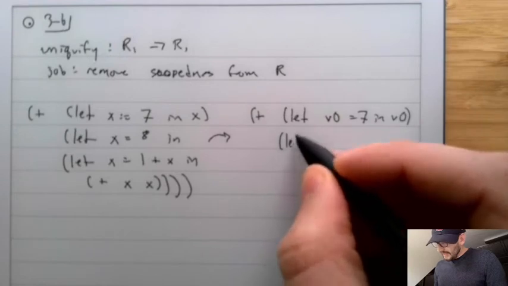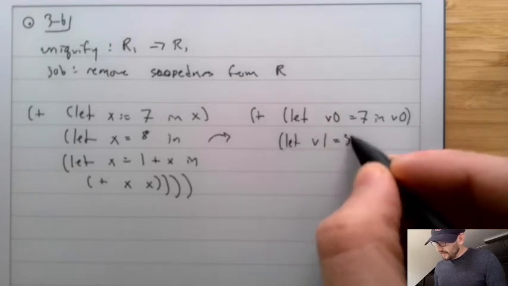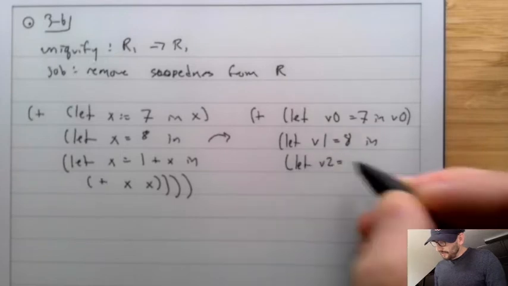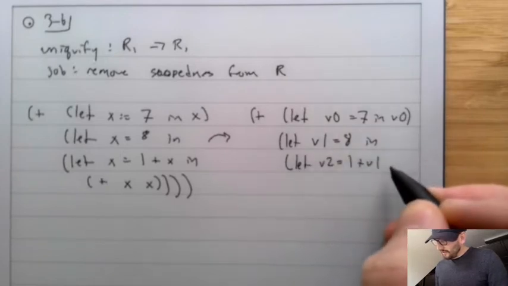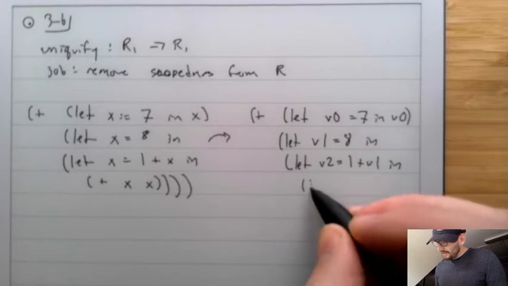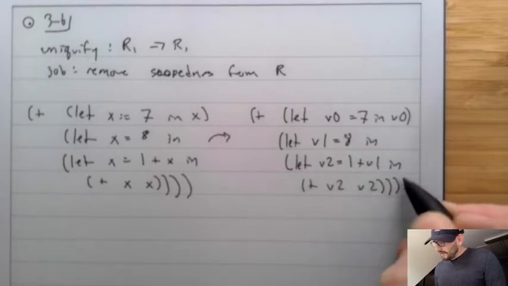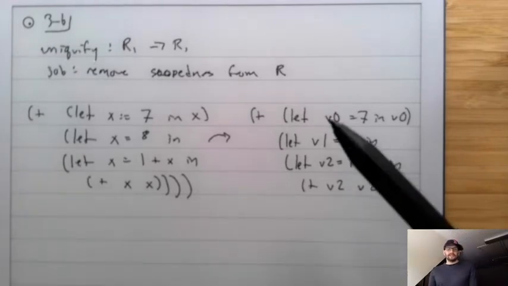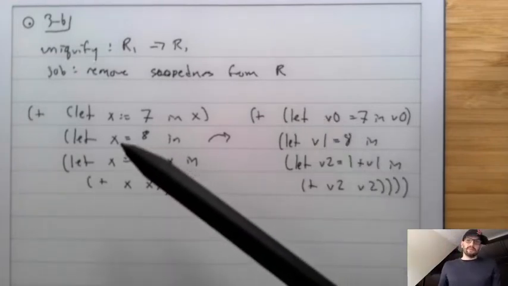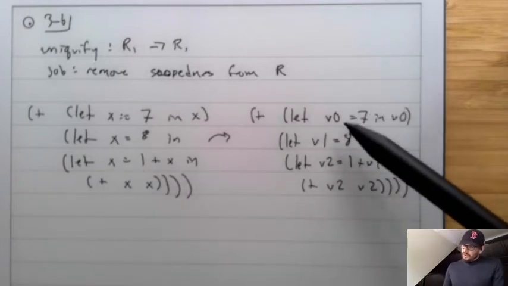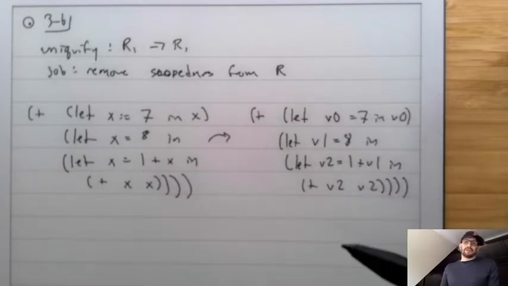Then it'll say let variable 1 equals 8 inside of let variable 2 equals 1 plus variable 1 in plus variable 2, variable 2. So notice that we have removed the names from the old variables, the names that were in the original program, and replaced them with basically like a counter. And this counter has made it so that every variable is now completely unique.